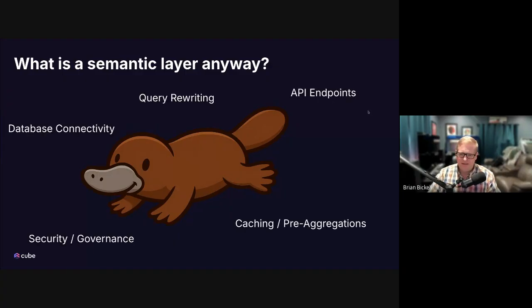And in a way, semantic layer and a platypus is a pretty decent metaphor, because semantic layers are really a couple different technologies crammed in the same box to solve some problems. We have the database connectivity aspects of a BI tool. We have the data modeling aspects of BI tools. We have API endpoint aspects of something like FastAPI or any other API gateway that you might use for web development.